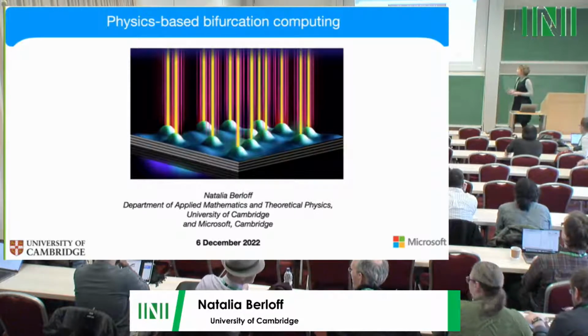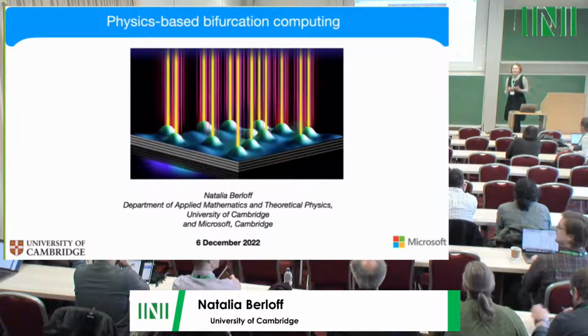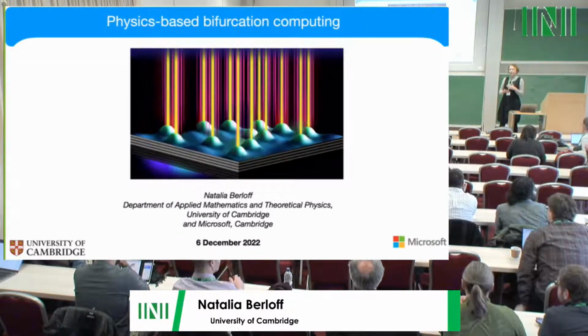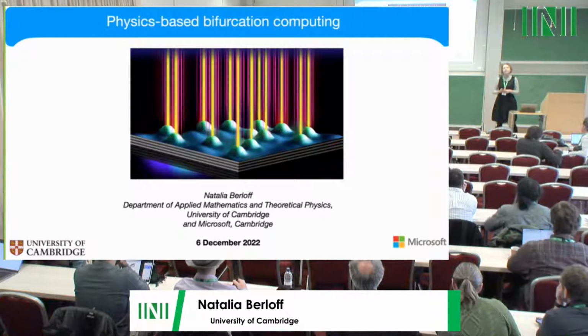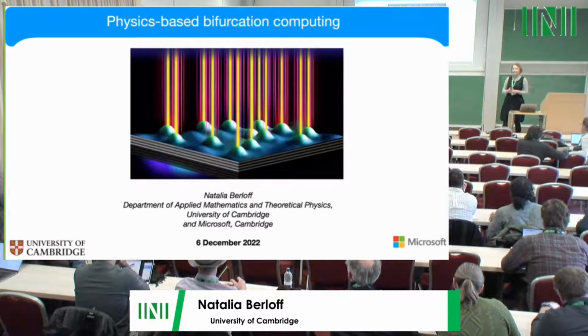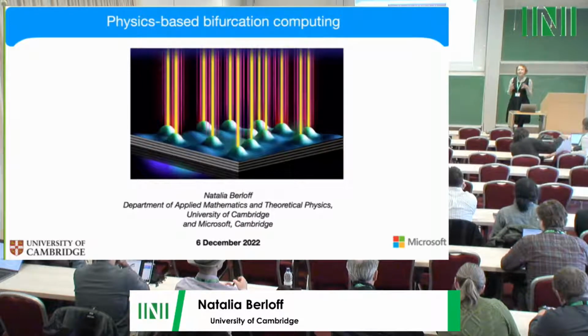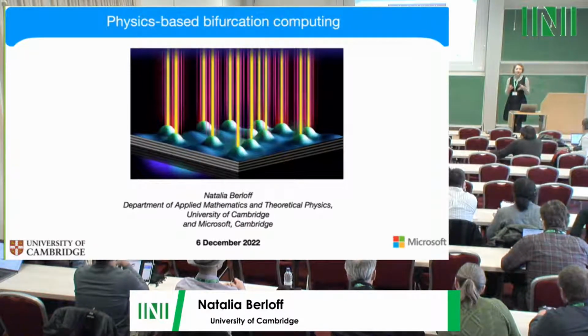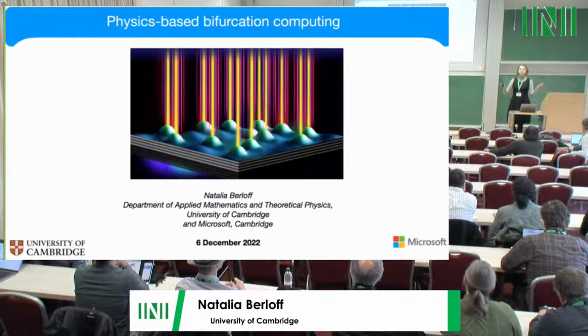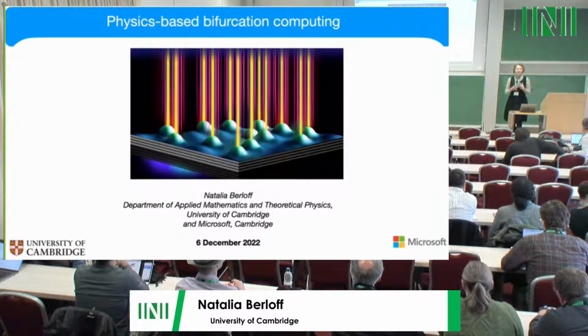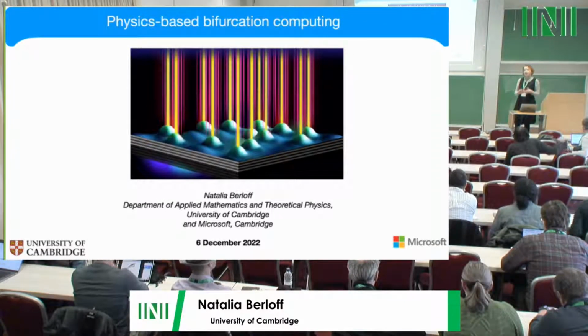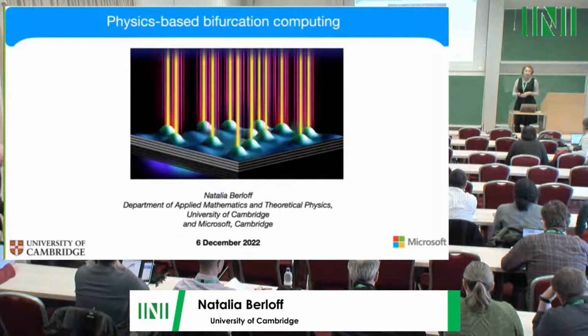I'm going to speak about physics-based computing, and the title seemed to be odd for this kind of conference. But as you very quickly see, what I have in mind is how a wave system, a system capable of pattern forming, with waves propagating, splashing, and creating some particular states, can be used to do analog computing.